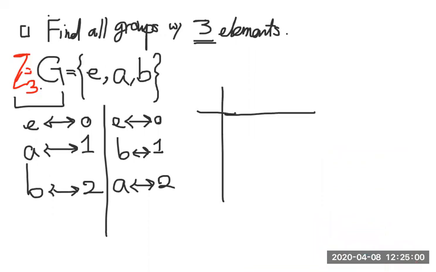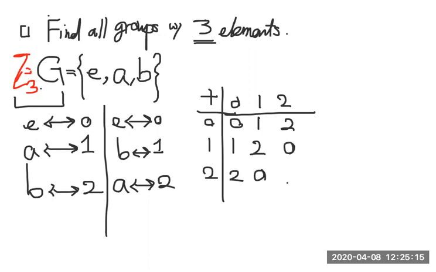So here we have 0, 1, 2, 0, 1, 2. 0 plus 0 is 0, 1, 2. 1, 2, 1 plus 1 is 2, 1 plus 2 is 3, which is 0, 2 plus 1 is 3, which is 0, 2 plus 2 is 4, which is 1. Right?